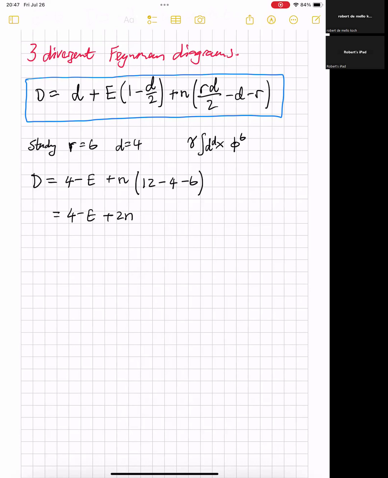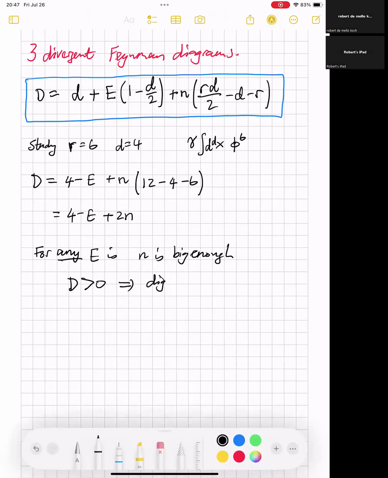Now notice, for any e, if n is big enough, then D will be positive, and that means we have a divergence.